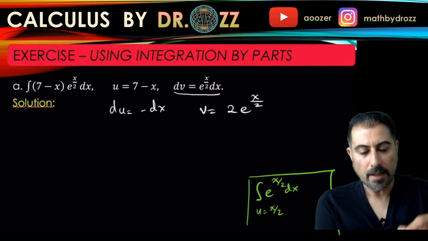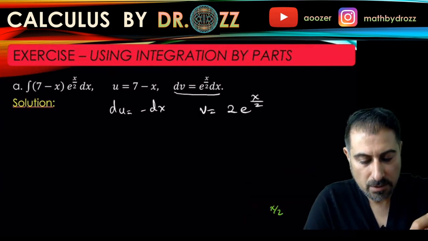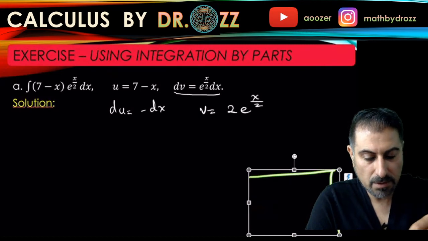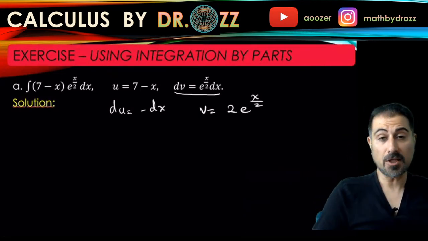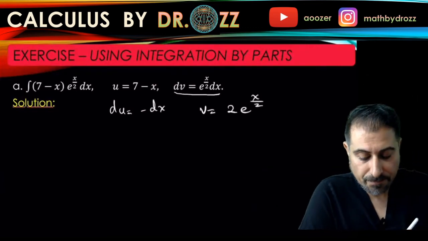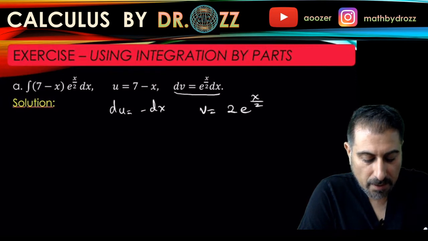All right, but anyway, this is side work. This is what we did in the previous section, so that's why I did that really fast in finding v here.